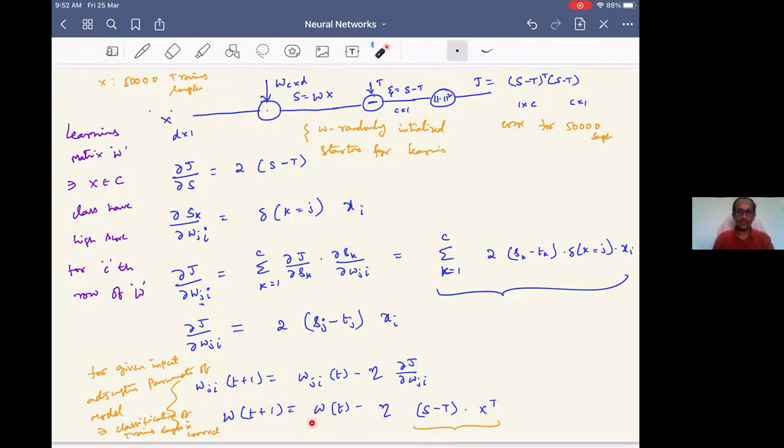I hope you remember where we discussed gradient descent as an optimization technique. If you have a function and you are supposed to reach its local minima from a given point W0, we start here, look at the slope of this function, that is the gradient, and move in the direction opposite to the slope.